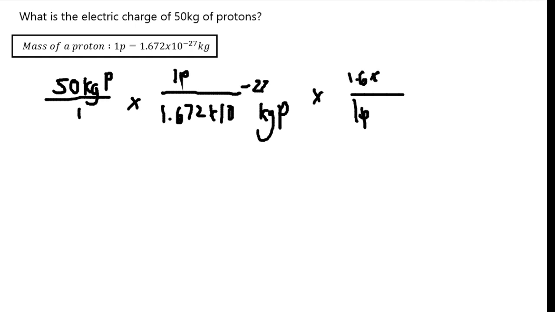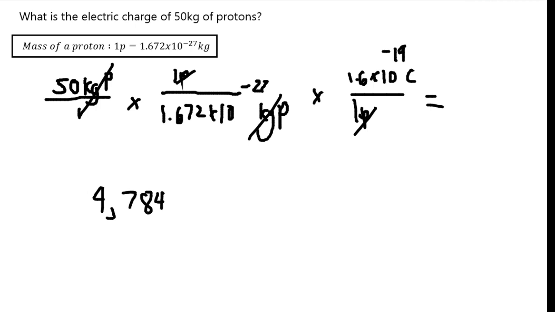If you're following, I'm just doing some conversion process here. We all know this. The kilogram of proton will cancel. We're just going to use our calculator to get the answer. I got around 4,784,688,945 coulombs.